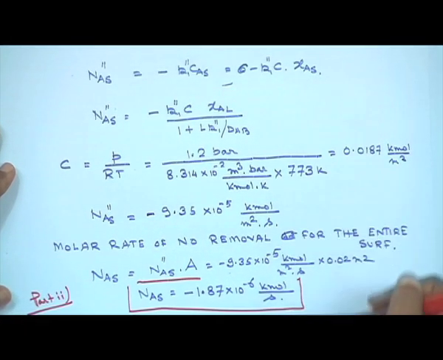Through this methodology, this simple use of the governing equation and the boundary condition, with the understanding that the rate of NO coming towards the surface must be equal to the rate at which it gets converted into other products, and with a known concentration at the edge of the film, we were able to obtain the distribution of the reactant in the thin film in terms of mole fraction. Equating the diffusion rate and the reaction rate, we have also obtained the rate of removal of NO for the catalyst area provided to us.